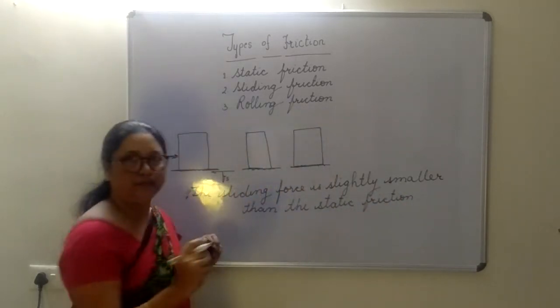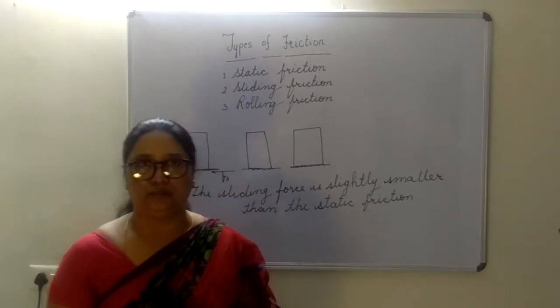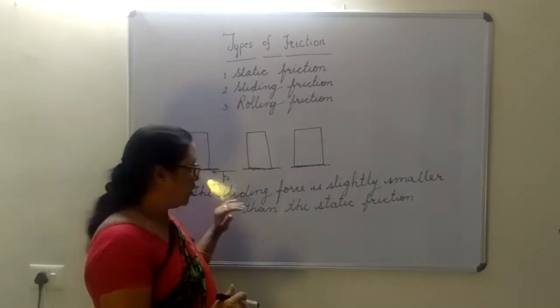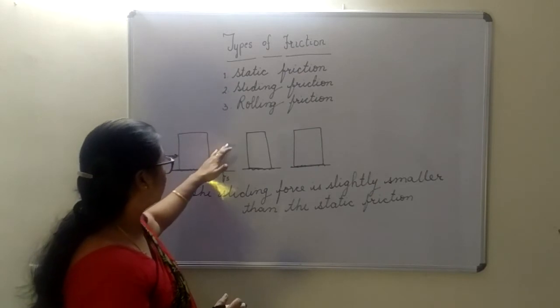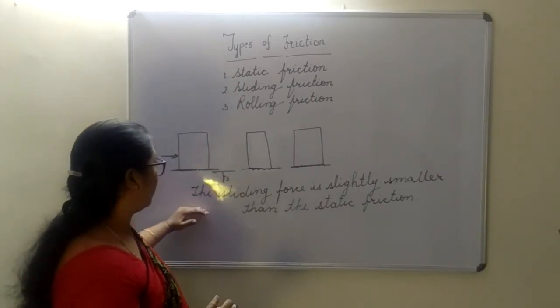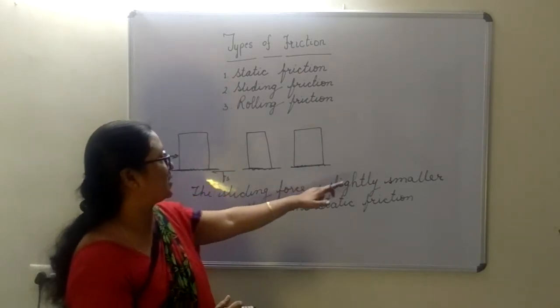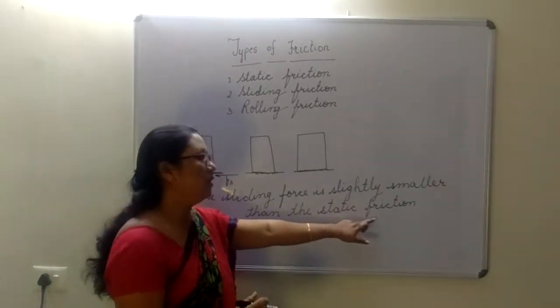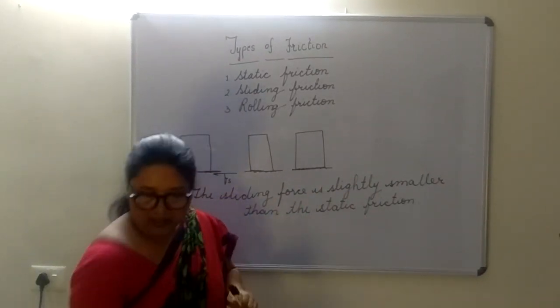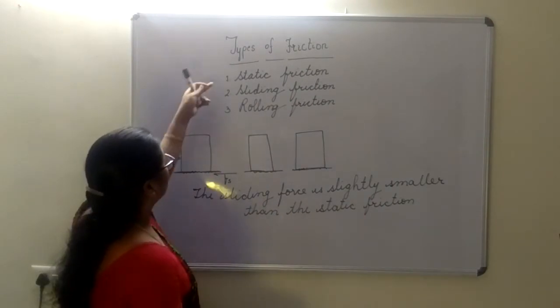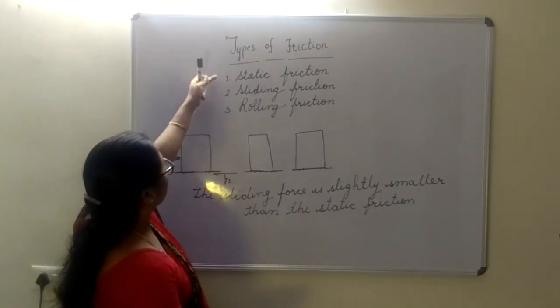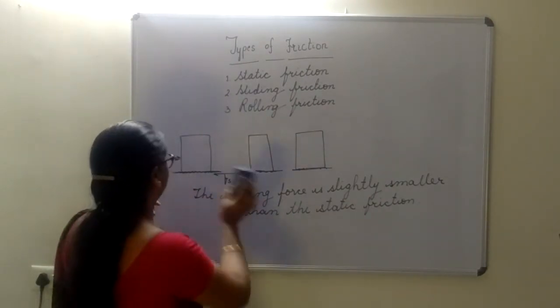Is it clear, children? So from this example, what we have understood is that the sliding friction is slightly smaller than the static friction. So this is the comparison between sliding friction and static friction.